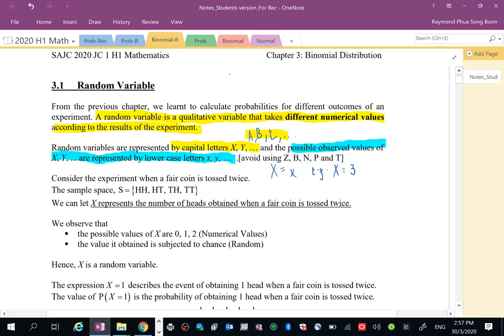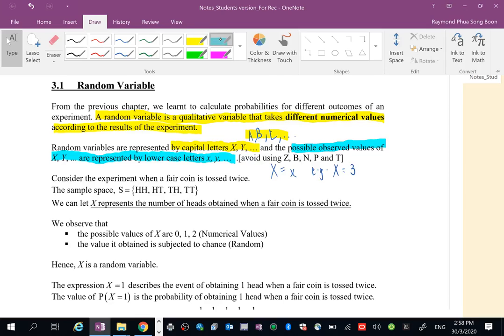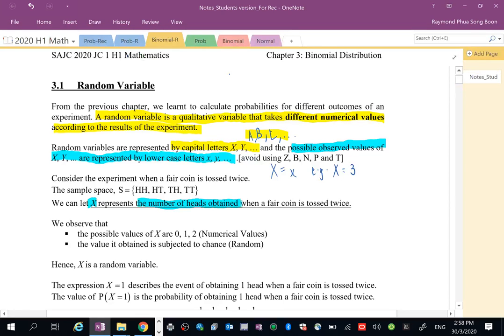Now let's consider the experiment when a fair coin is tossed twice. We know that the sample space, which is made up of all the possible outcomes of this experiment, will be head head, head tail, tail head, or tail tail. If we let X, a random variable, denote the number of heads obtained when a fair coin is tossed twice, we observe that the possible values of X will be 0, 1, or 2.